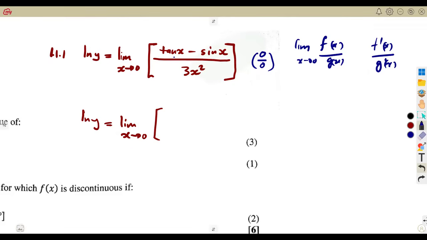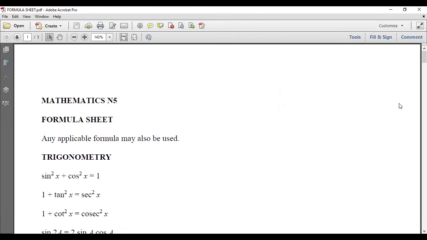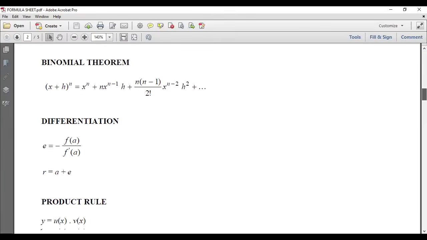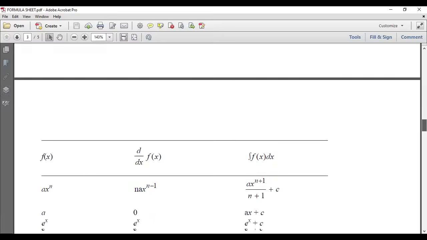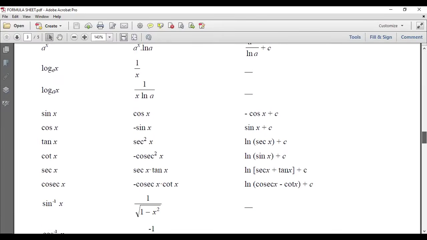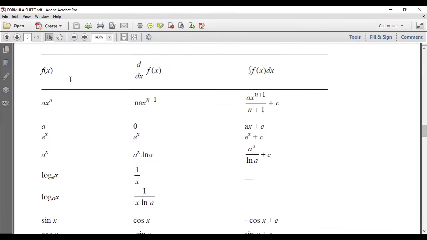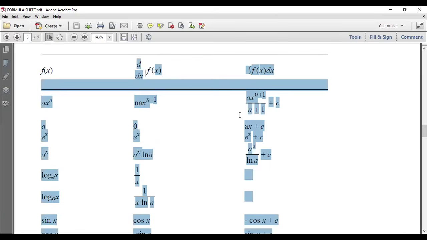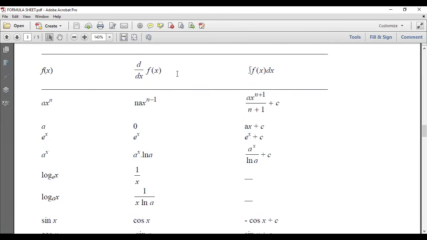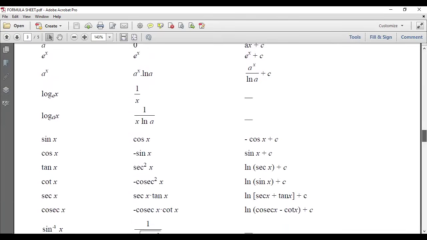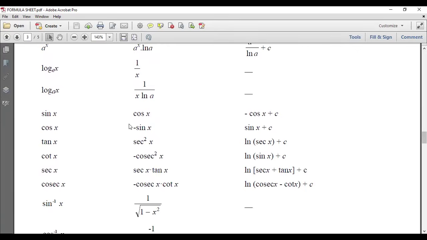So in a case where you are not understanding your derivatives, remember your formula sheet is there as an assistance in the exam. So let us just quickly check for the sake of others. If you check here under the derivatives, f of x here, this is the derivative with respect to x. So if we check, not wasting time, here the tan corresponds to sec squared.